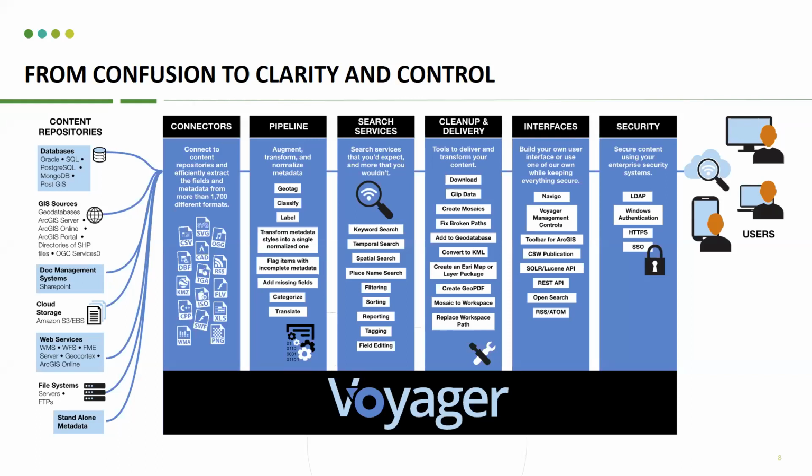Okay, so all this transformation happens in this pipeline stage. So you can see, as you index, you can include more information like geotagging, or you can classify certain files a certain way that you want. You can add labels, or you can transform certain data, and so on.